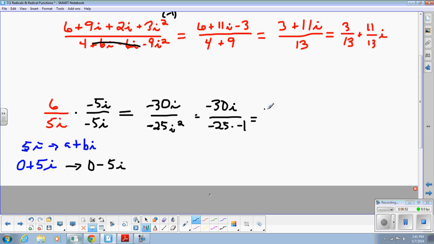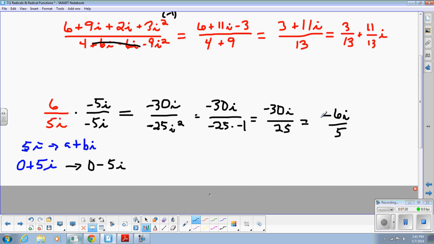So we got negative 30i over 25, since negative 25 times negative 1 is 25. Now, can I simplify the numerator and denominator here? Yes, I can divide both by 5, so that is negative 6i over 5. And at this point, I'm done.